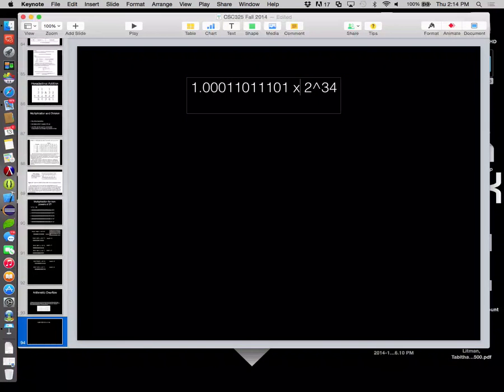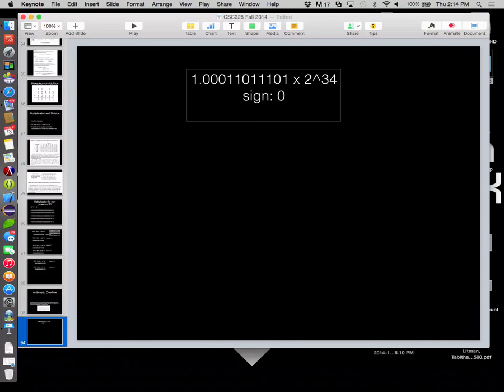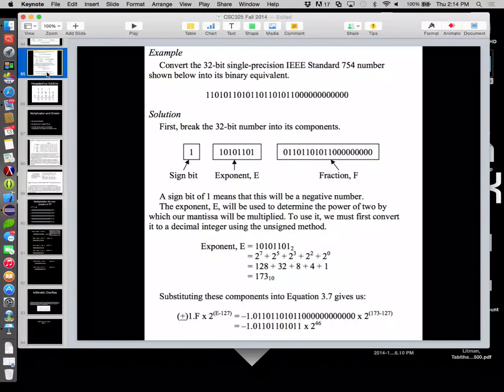So we'll start building our answer. We have the sign bit, which in this case is going to be a 0 because it's a positive number. This is positive 1 point. It's not negative.